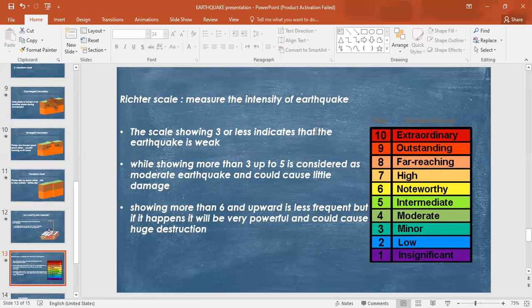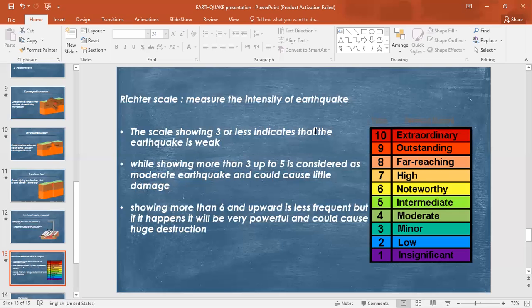When the scale shows 3 or less, it indicates that the earthquake is weak and not significant, while showing more than 3 up to 5 is considered a moderate earthquake, and this could cause little damage. However, showing more than 6 and upward is less frequent. It doesn't happen too much.